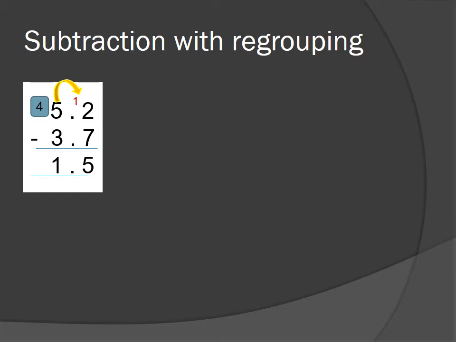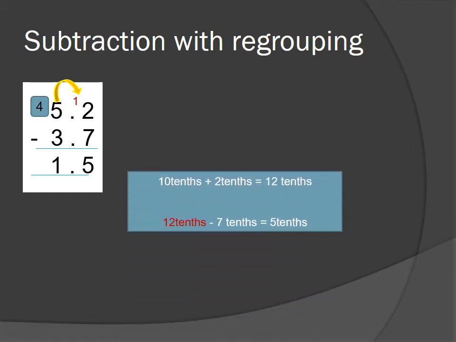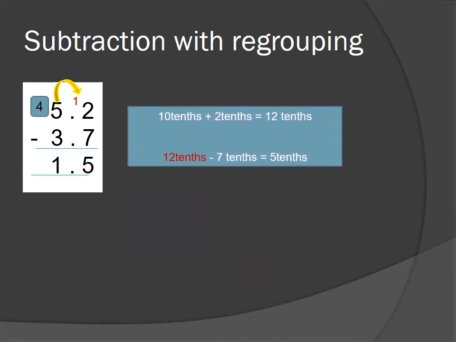So now you have 10 tenths and 2 tenths in the tenths place. 10 tenths plus 2 tenths is equal to 12 tenths. Now you can subtract 7 tenths from that 12 tenths. 12 tenths minus 7 tenths is equal to 5 tenths. So you can write the number 5 in the tenths place.